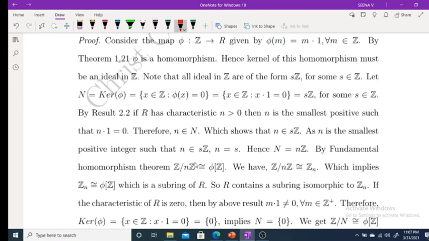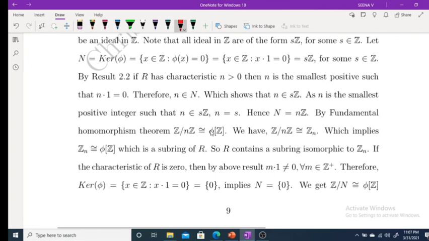By the fundamental homomorphism theorem, Z over nZ is isomorphic to phi of Z, but Z over nZ is isomorphic to Zn. This implies Zn is isomorphic to phi of Z, which is a subring of R. So R contains a subring isomorphic to Zn.